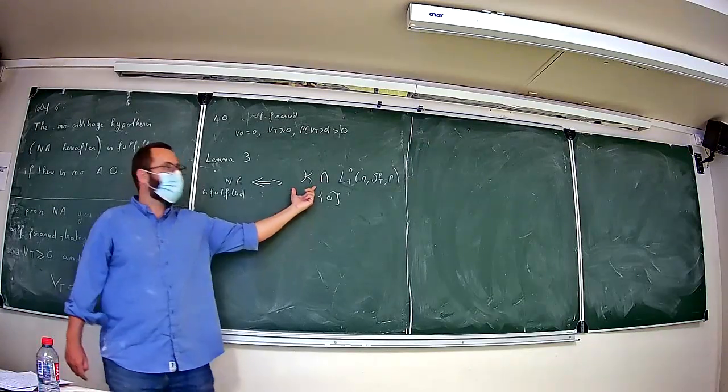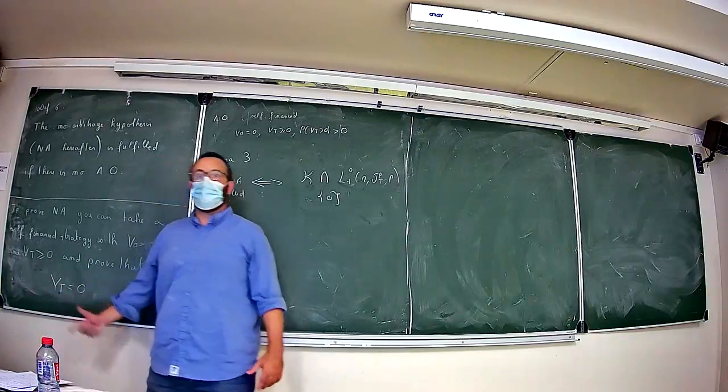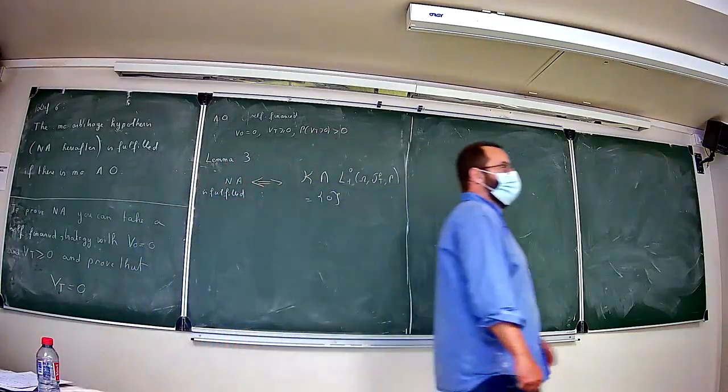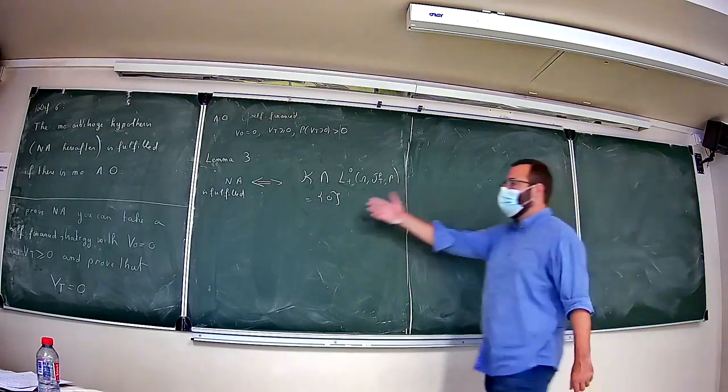If I impose this final value to be positive, then it is 0. This is the NA condition. Okay? Do you agree? It's just a functional interpretation of what I have written here.